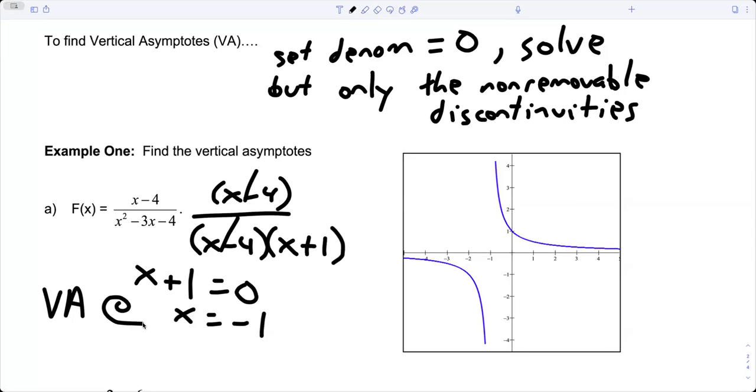So in other words, we have a vertical asymptote whenever a value makes the denominator undefined, assuming that there is not a removable discontinuity. And you can see it in the graph here, right? At -1, we've got a vertical asymptote there.